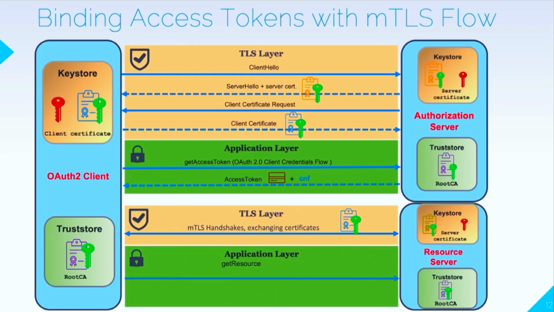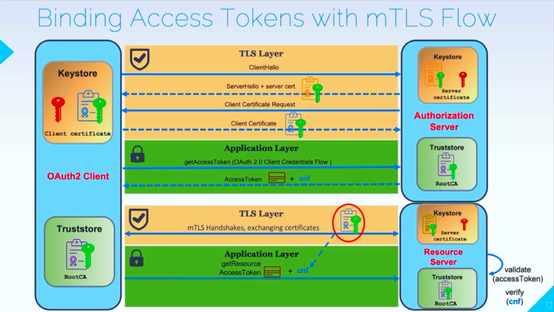The client sends a request to the resource server to obtain resources. As usual, the request includes the access token in the authorization header, but now it also includes the additional CNF claim. The resource server then validates the access token as usual. However, in this case, it also verifies the CNF claim within the token by calculating the thumbprint of the client certificate presented during the TLS handshake.